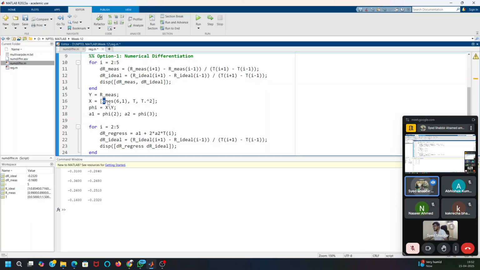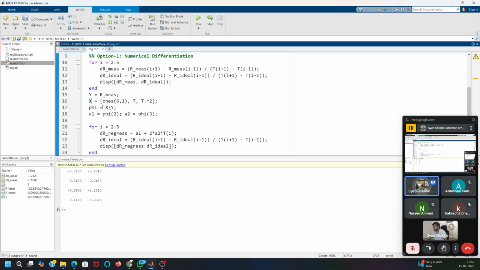We call this a feature vector, a feature matrix, which will have ones in the first column, and then we will take t, and then t square. So we are basically trying to fit a second order polynomial, or a second order curve, or parabola, whatever you want to call it.